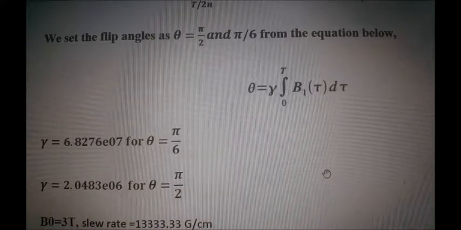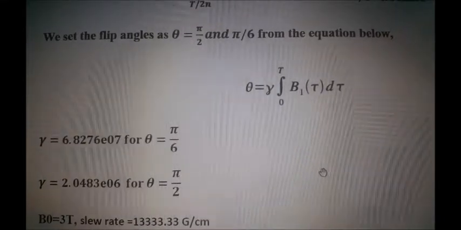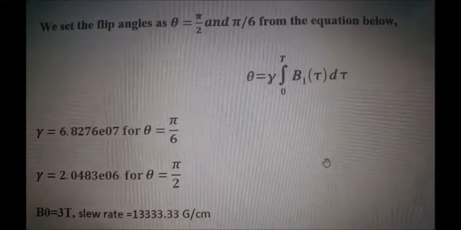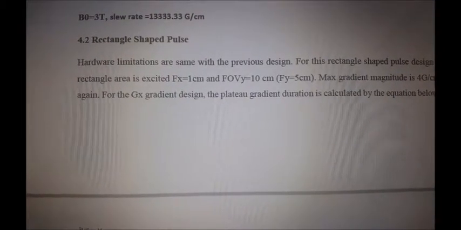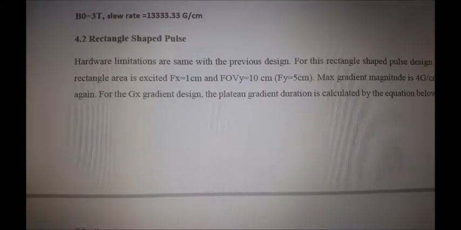B0 is 3 Tesla and slew rate is approximately 13,000.